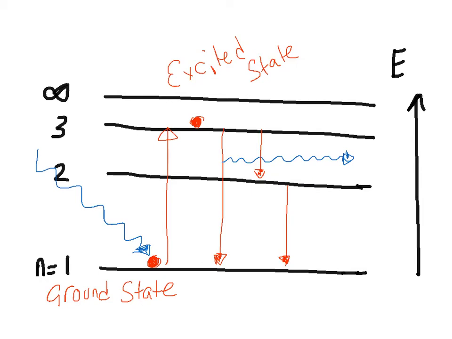But all the time they end up back down in the ground state. So the second way they have dropped back down to the ground state has been from 3 down to 1, or it could have jumped from 3 to 2, and then from 2 to 1.